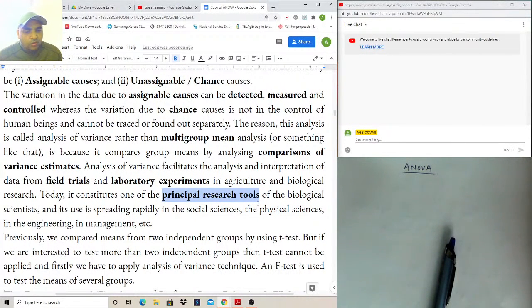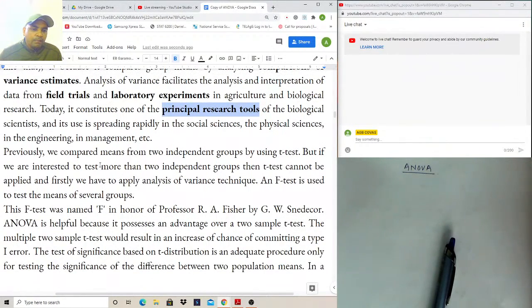Previously, in the previous lecture, we compared means from two independent groups using the t-test. But what if we are interested in testing more than two independent groups?